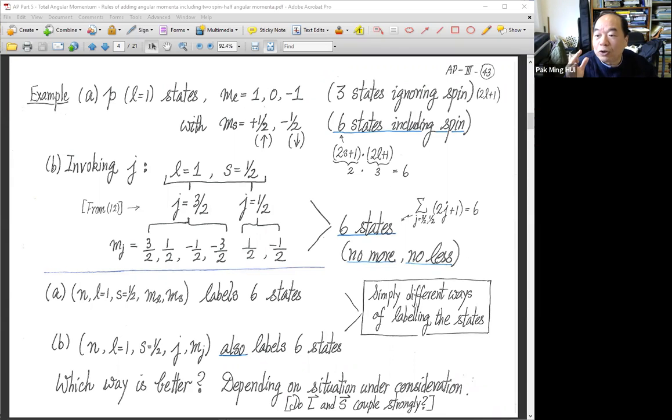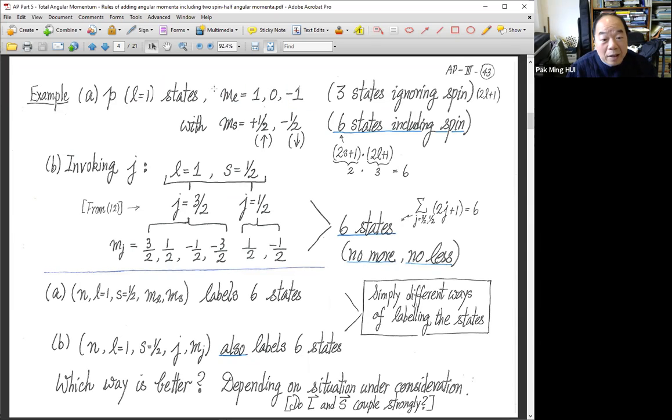Let's go back to what you learned in the past, in the last course. I have a hydrogen 2p state, okay? L is 1. We know that orbital angular momentum L is 1 means ML is 1, 0, minus 1. All right? Or Px, Py, Pz if you like, okay? But Px is a combination of these two things, all right?